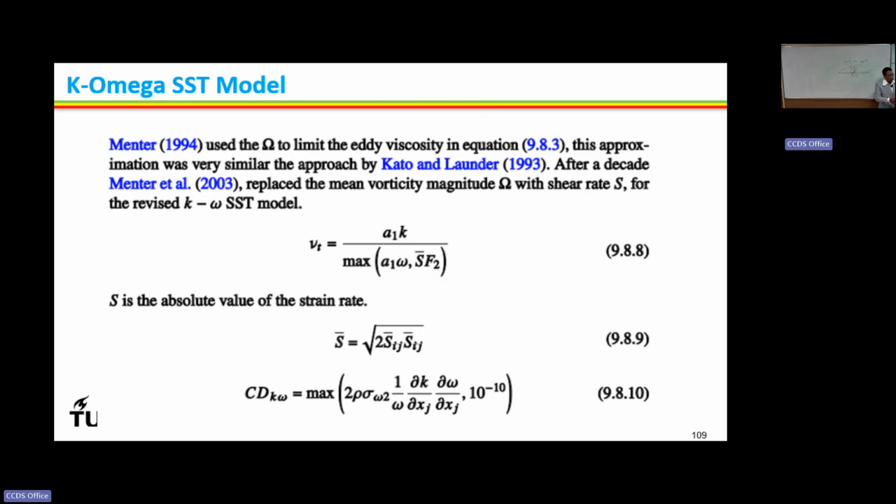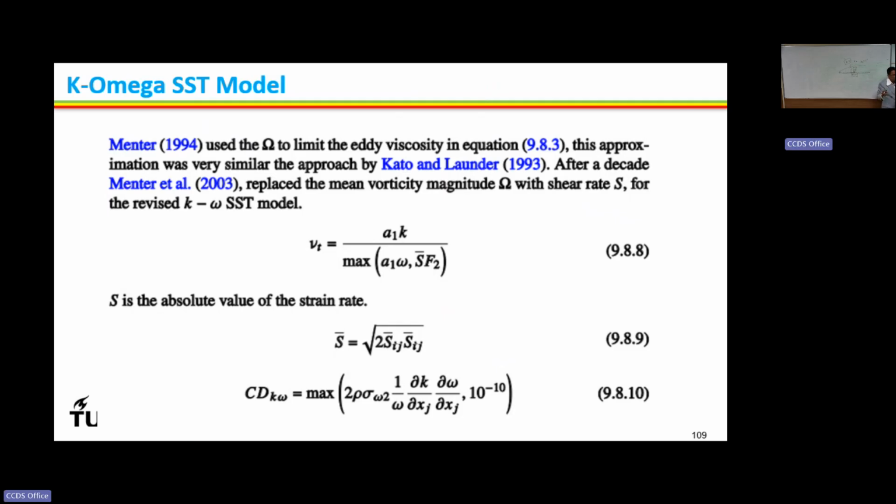Then he introduced the cross diffusion term, but with a constant coefficient. Then Florian Menter thought to blend it, so it will ideally reproduce k epsilon at the free stream and k omega at the solid wall. He proposed a blending function F1, which depends again on the mean vorticity. In the 94 paper, he did some correction, and the final correction in his 2003 paper replaced the mean vorticity with the mean strain rate.